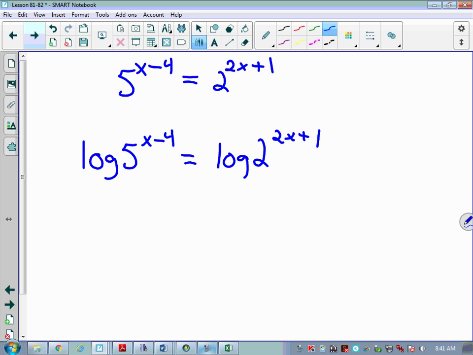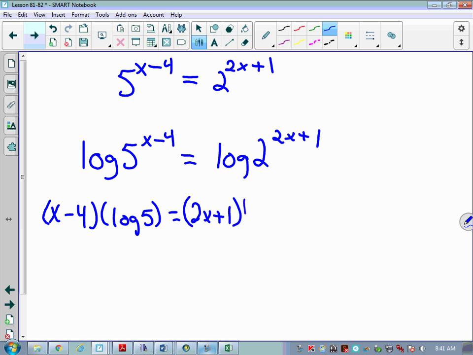What that allows me to do by putting that log in front of it is take the exponent and put it where? In front. So I can write that as x minus 4 times log 5 equals 2x plus 1 times log 2.